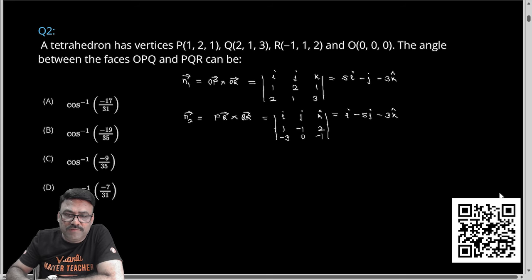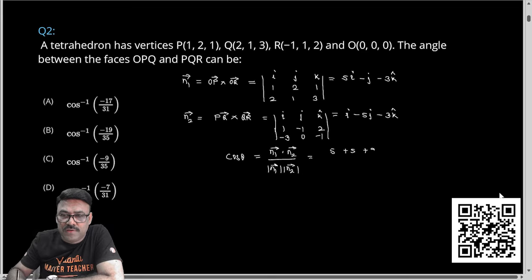So let's find the angle between these two vectors, cos theta. That will be n1 dot n2 over mod n1 mod n2. And it is basically 5, then again 5, then 9.